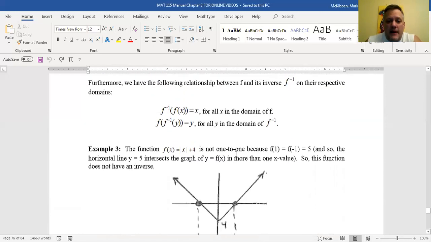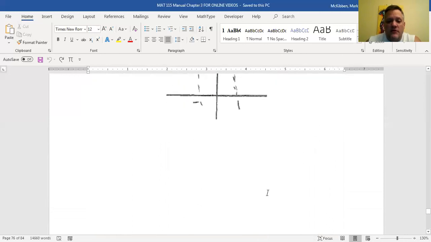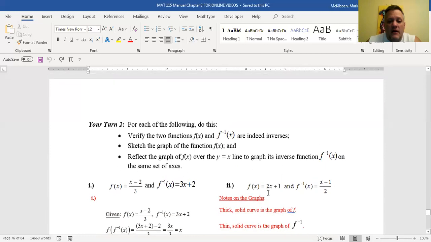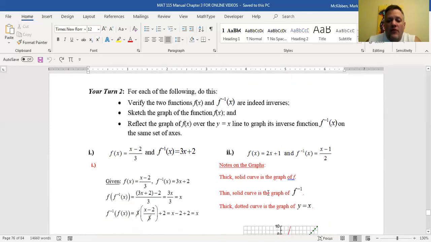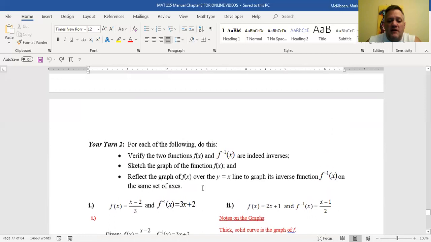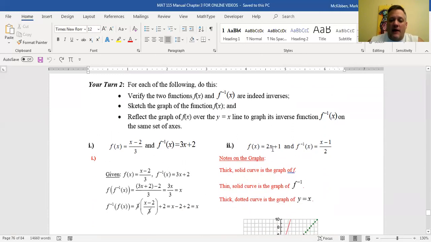All right, so we'll come back to this relationship in a minute. We know that's not one-to-one, so there's no inverse. What this is doing, I want you to go through this, but it basically just walks you through a couple more examples of what I just said. It has you graphing a pair of functions each time on the same set of axes.